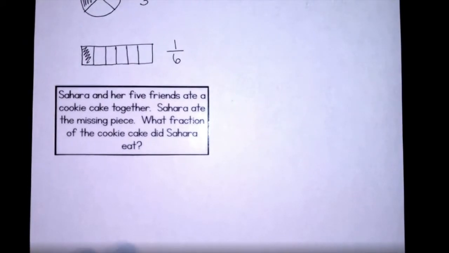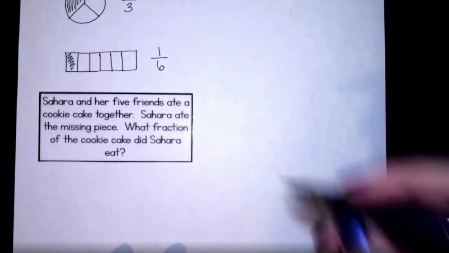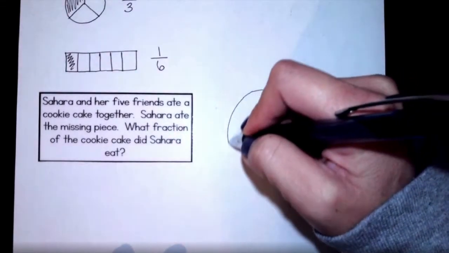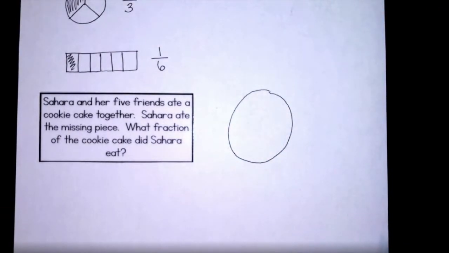Okay, so I like to picture the shape, since this is like lunchtime foods. So a cookie cake is normally a circle, right? So I'm gonna draw a circle. Now I know that Sahara and her 5 friends ate this cookie cake together.